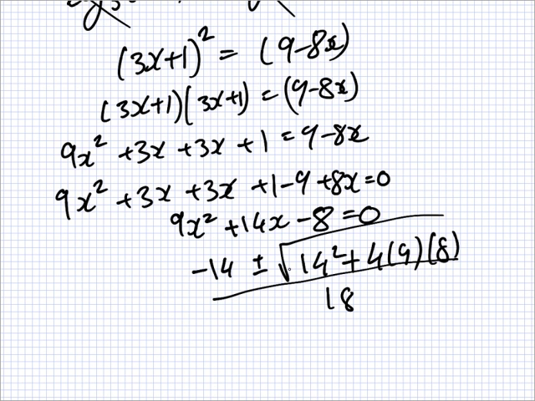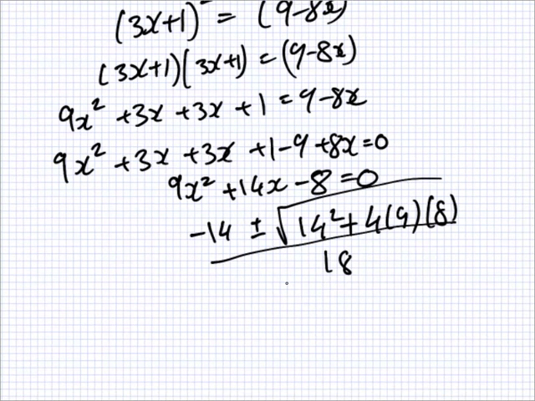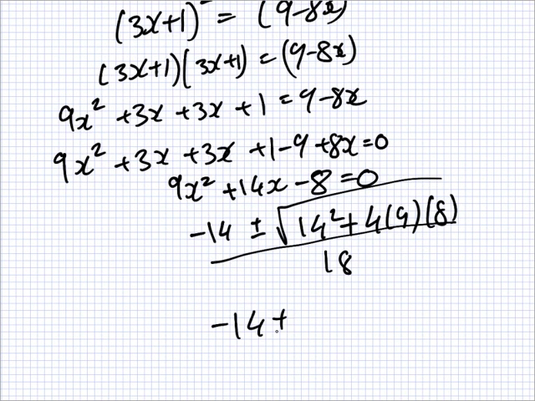No, don't worry about that. You can just tell me what's in the root part. I can do the other bit. So it's minus 14 plus or minus the square root of something over 18. Maybe, Ray, you could type it in as well. 14 squared plus 4 times 9 times 8. Yeah, it changes the number. So I put 9 for b. I have to start again.